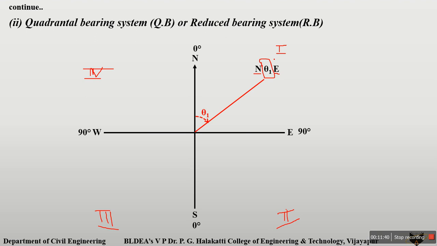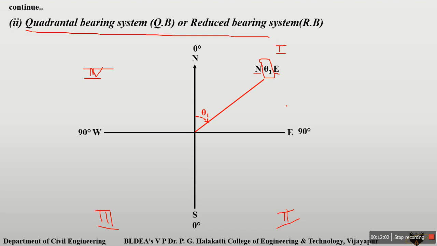If you do not mention it, we don't know whether it is the quadrantal bearing system or the whole circle bearing system. So that's why, when mentioning this system, you have to mention it with respect to directions, like northeast or southeast.